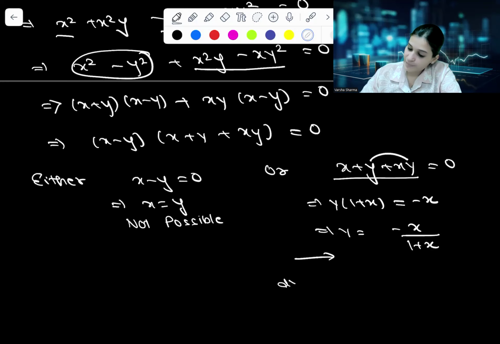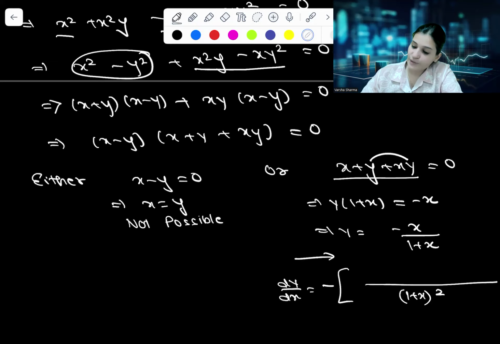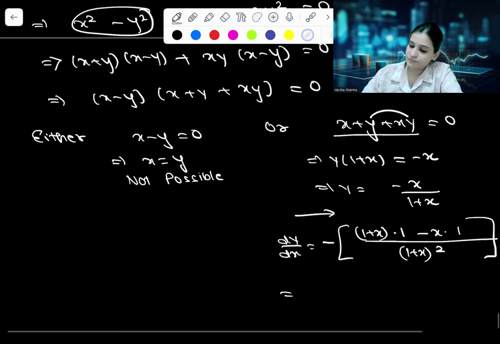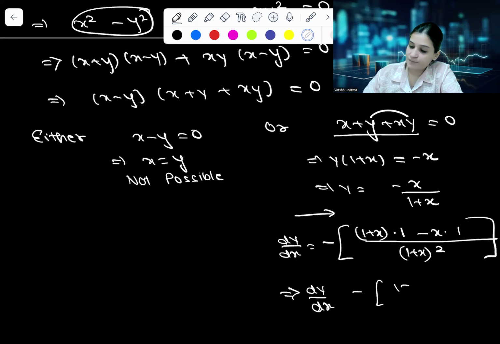Differentiating dy by dx, leaving minus outside. Quotient rule: 1 plus x whole square. Leaving 1 plus x, x becomes 1 minus x. Differentiation of 1 plus x is 1. Minus 1 plus x minus x.